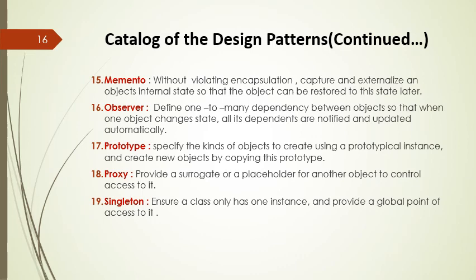Prototype, specify the kinds of objects to create using a prototypical instance and create new objects by copying this prototype. Proxy, provide a surrogate or a placeholder for another object to control access to it. 19th is a singleton. Ensure a class only has one instance and provide a global point of access to it.